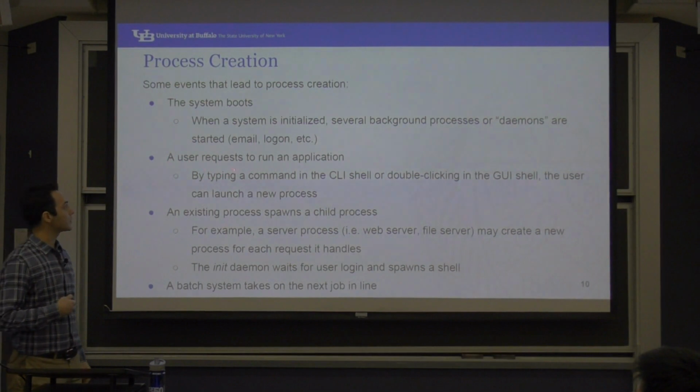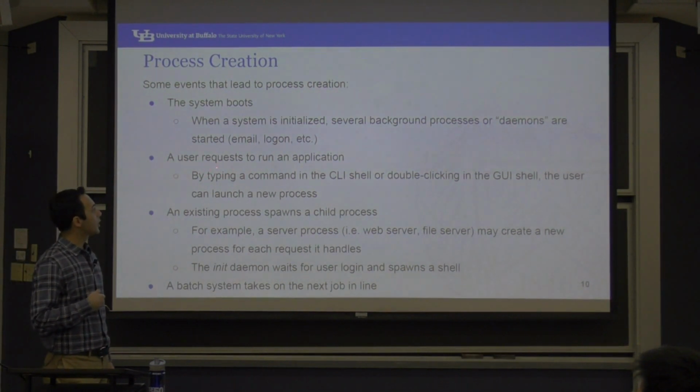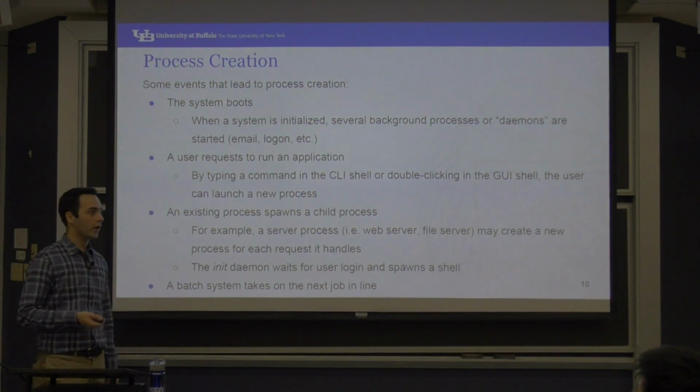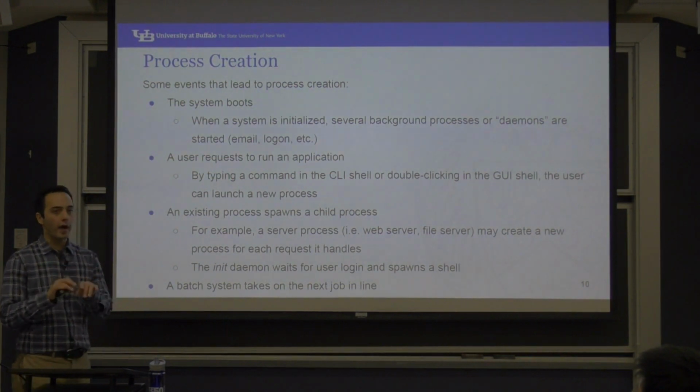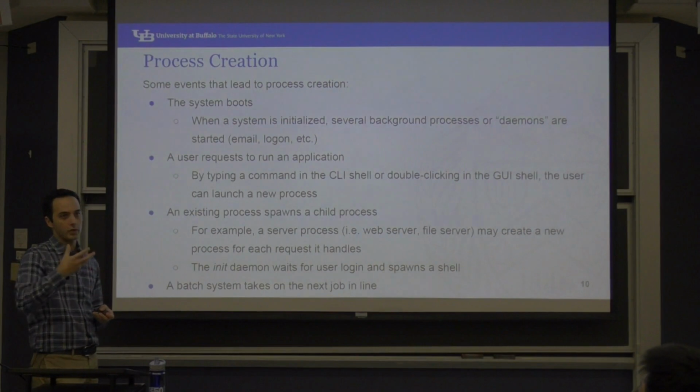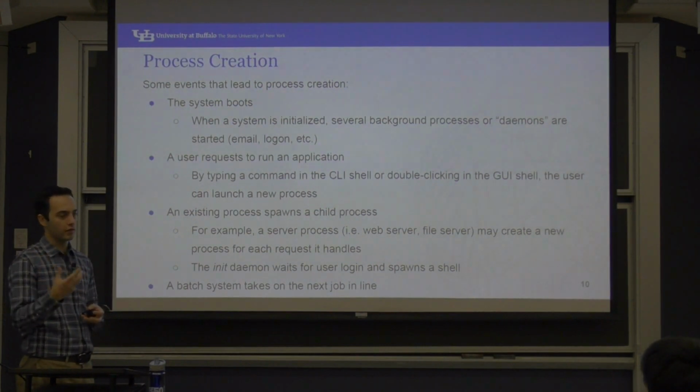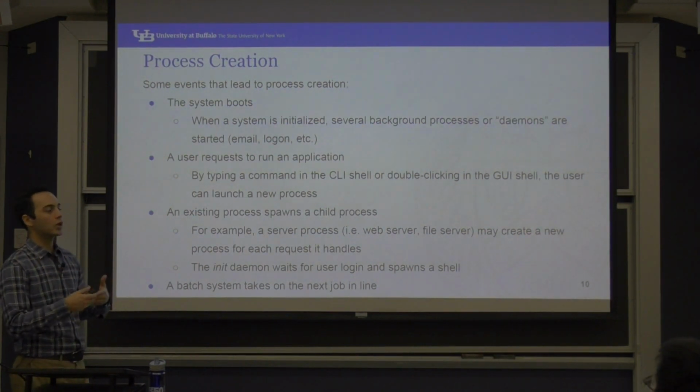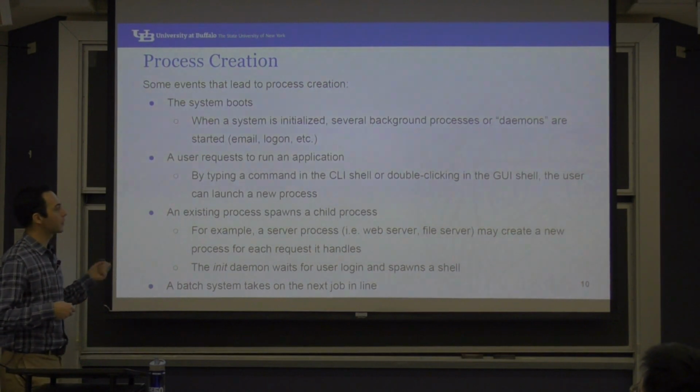Now a user themselves can request to run an application, right? Meaning when you run a bash script, or when you double click on something, right? That's a user application, or the user itself that wants to run it. So that goes through a different process.